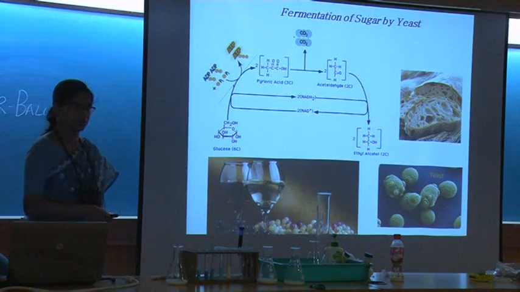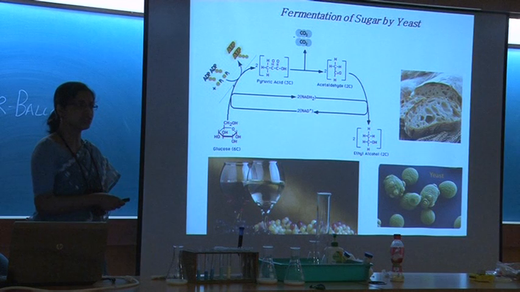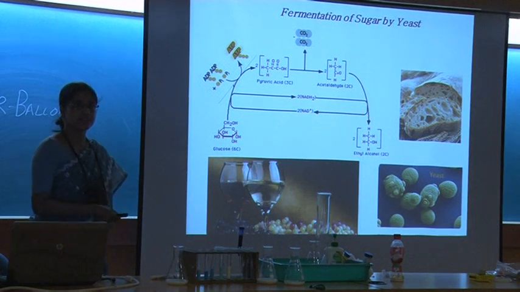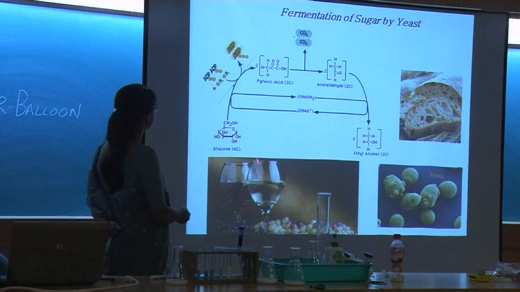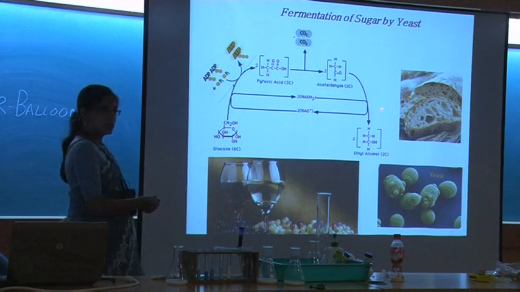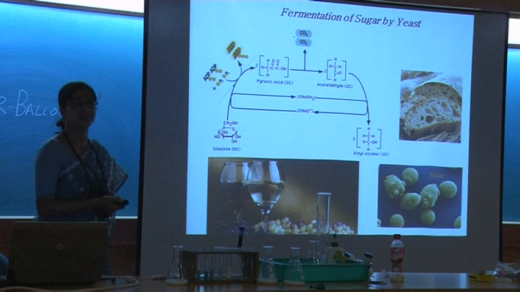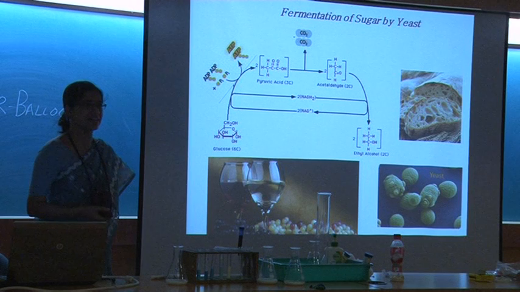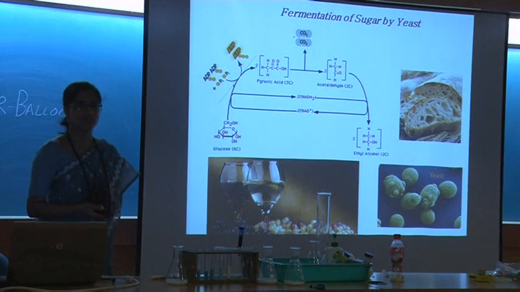Now this all know, right? This is essentially what we are looking at. It is the fermentation by yeast, where this is the glucose. Now sugar, what is sugar? What is the sugar that you have added? It's not glucose, right? It is sucrose. So what is there in sucrose?